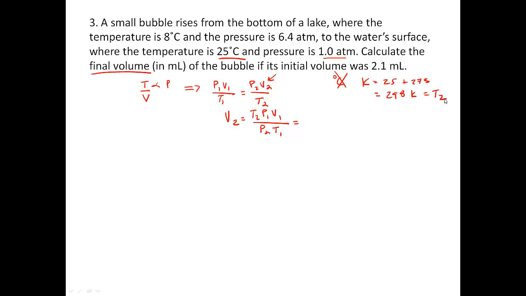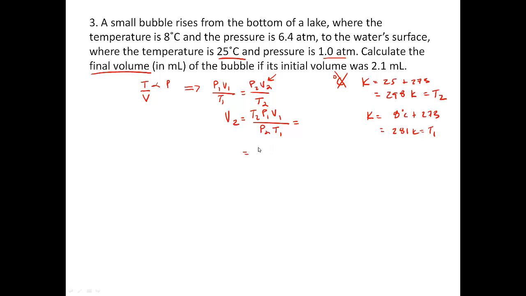That is T2. Let's do this real quick for T1. We got 8 degrees C plus 273, that's going to be equal to 281. And that was our T1. Okay, so now we can plug it in. Let's move down here and get a little bit more space.